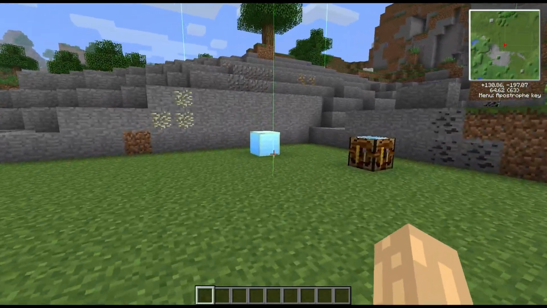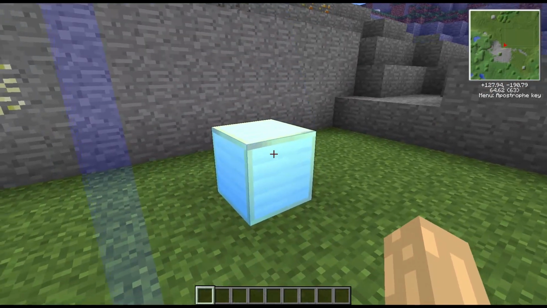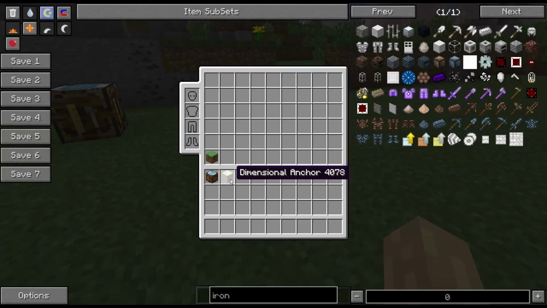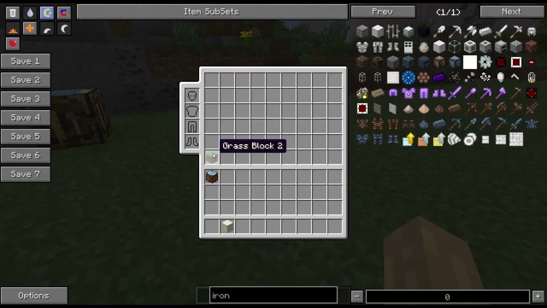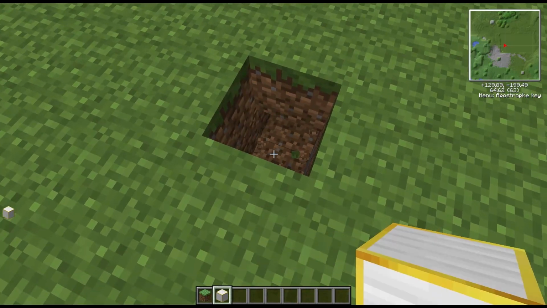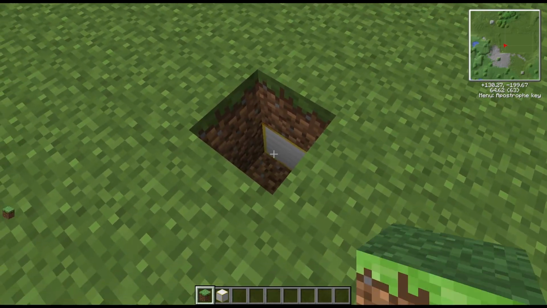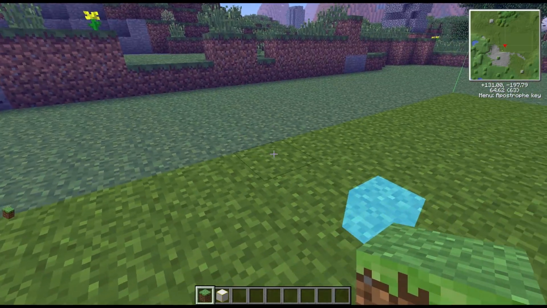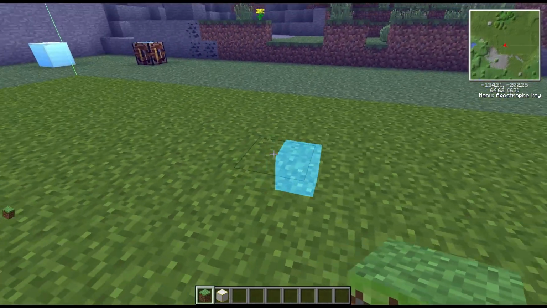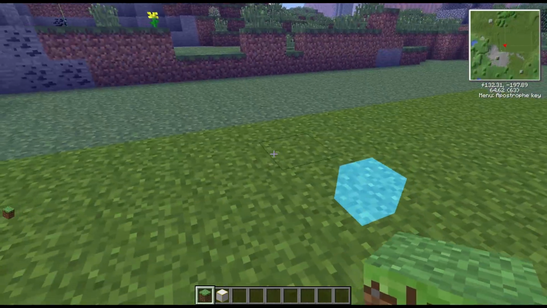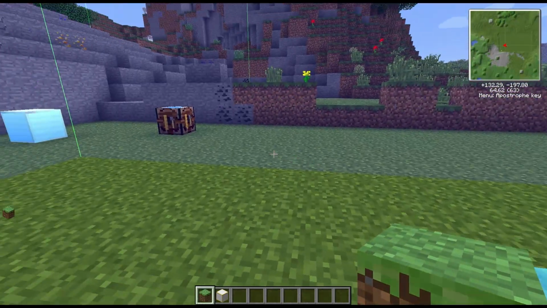Very useful. Also, what you will note is that the chunk loader itself glows. So if we were to, for instance, bury a chunk loader down there and toggle F9 again, it shows up glowing through the ground so that you can find where your chunk loaders are if you've hidden them before.